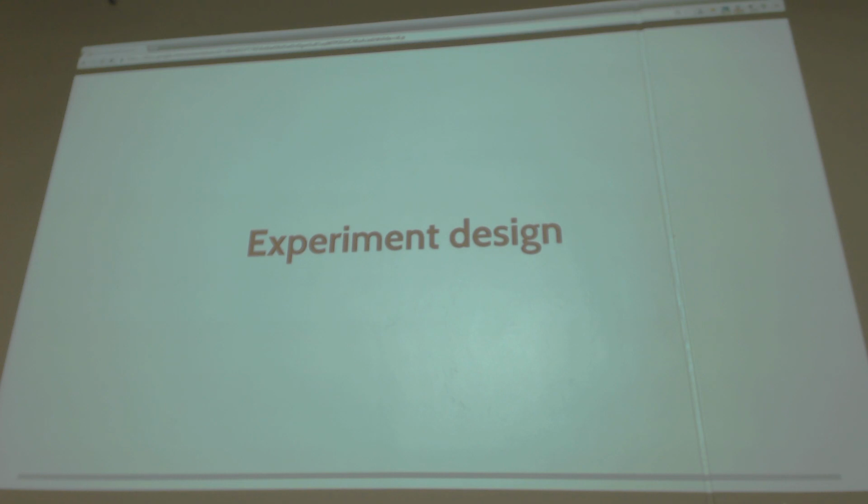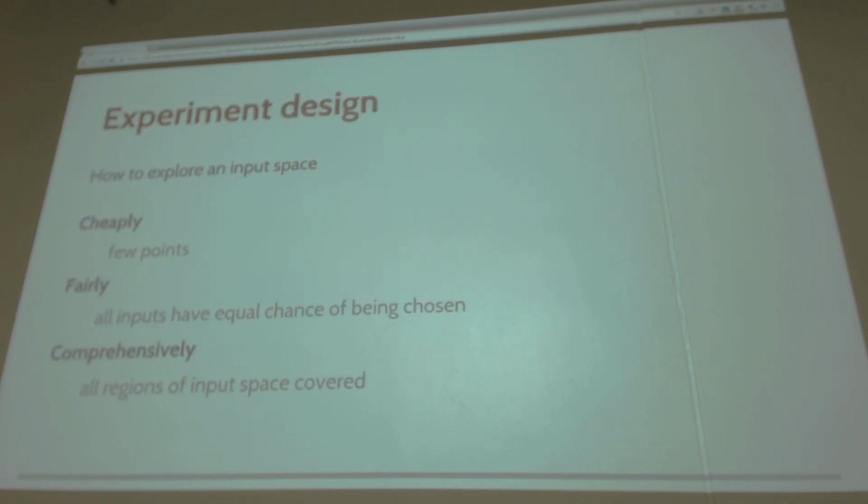Experiment design is about how to choose the points. We have to choose few points because, well, that's what we're trying to achieve. We're trying to avoid having to do a lot of expensive experiments. We also have to sample the input space in a representative way or in a fair way.